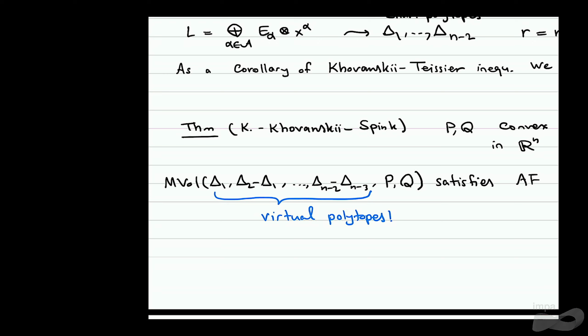And finally, before I move on to non-representable matroids, any questions about this Alexandrov-Fenchel inequality? Yes? In algebraic geometric terms, what should I think about? You're going to vector bundles, but you still have some positivity?